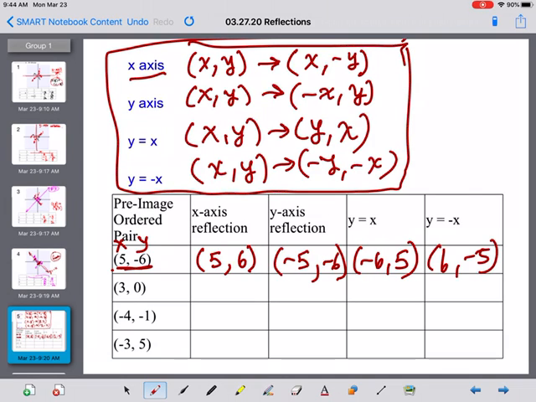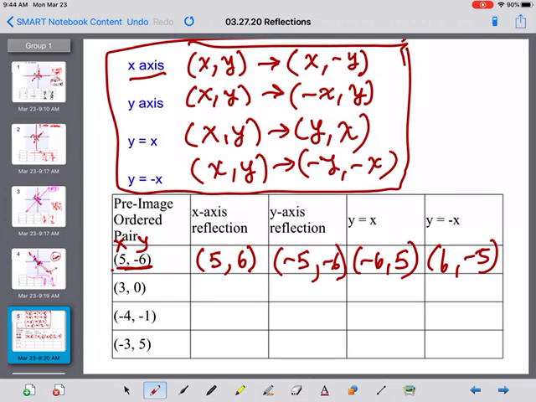And if you want the visual, put this on graph paper. And you'll see that you could actually do this just on graph paper if you forget what the mapping notations are.